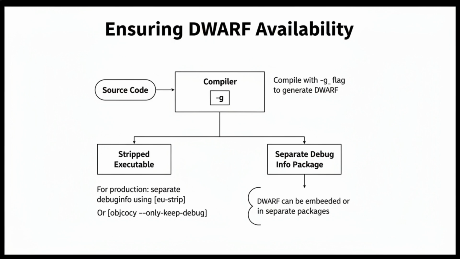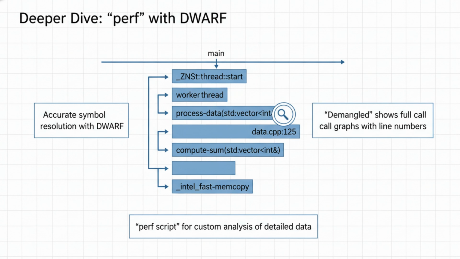Tools like strip or objcopy --only-keep-debug can extract debug information into separate files. You can then configure perf or your system to find these external debug info packages when needed, ensuring detailed analysis without deploying large executables.